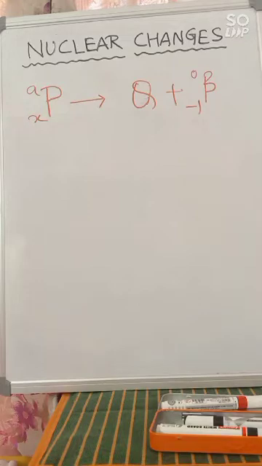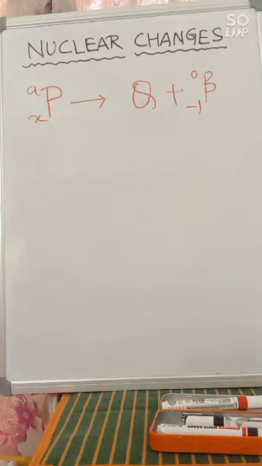Let's see. When you are going to balance the equations, these are just like chemical equations and you have to be careful about the atomic number and mass number both on left hand side and right hand side. So on the left hand side, your atomic number is X and mass number A, as I told you.